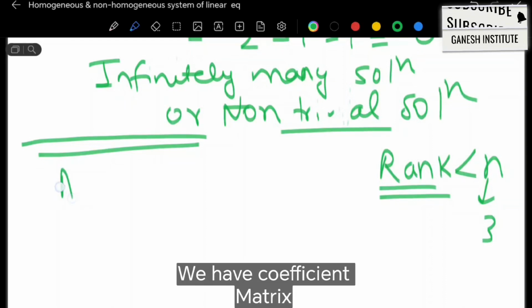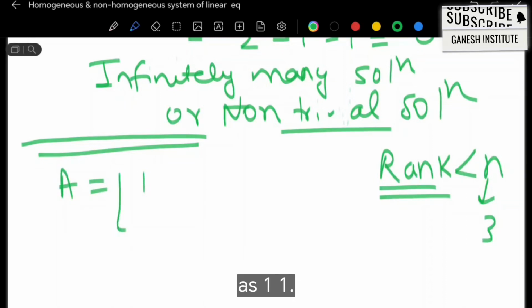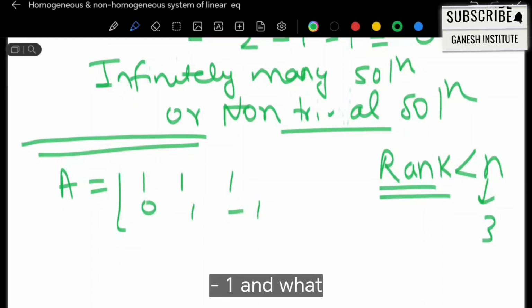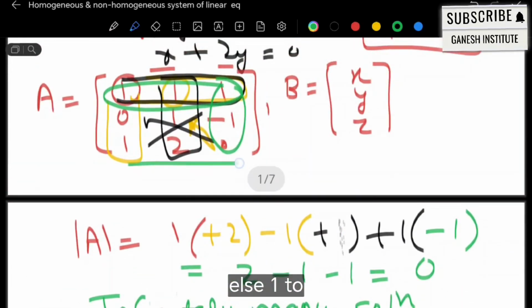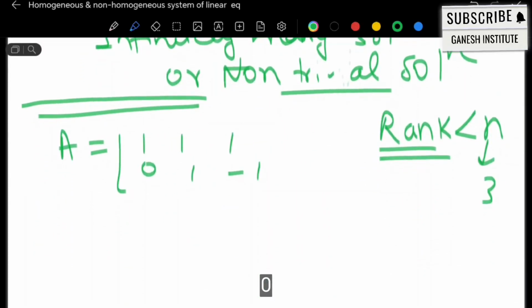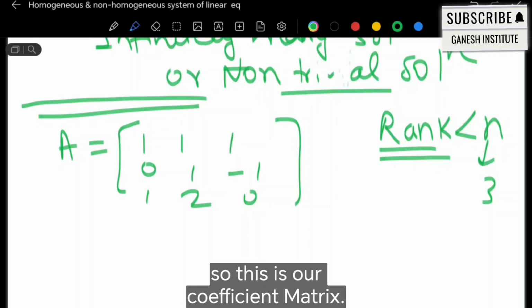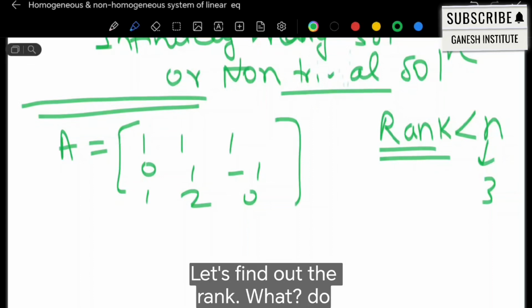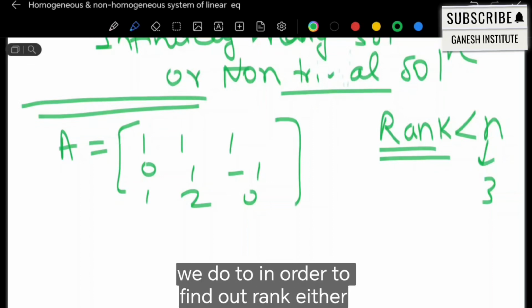We have the coefficient matrix as 1, 1, 1, 0, 1, minus 1, and 1, 2, 0. So this is our coefficient matrix. Let's find out the rank. What do we do in order to find out rank?